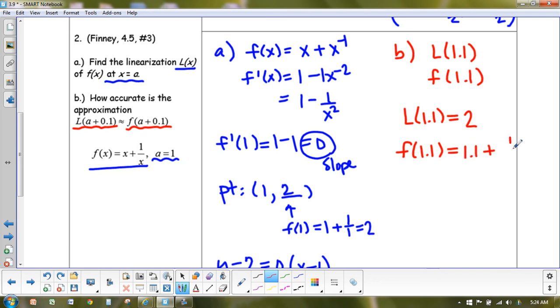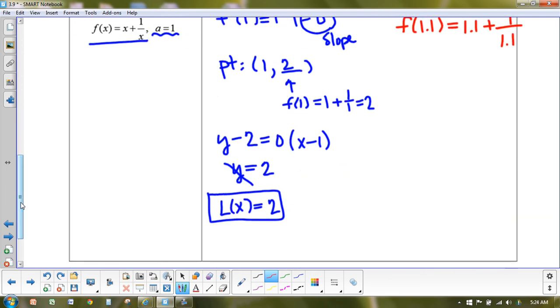So 1 over 11 tenths is 10 over 11, multiplying by the reciprocal. So f of 1.1 is 1.1, but I'm going to rewrite it as 11 tenths, plus 1 over that, so its reciprocal was 10 elevenths.